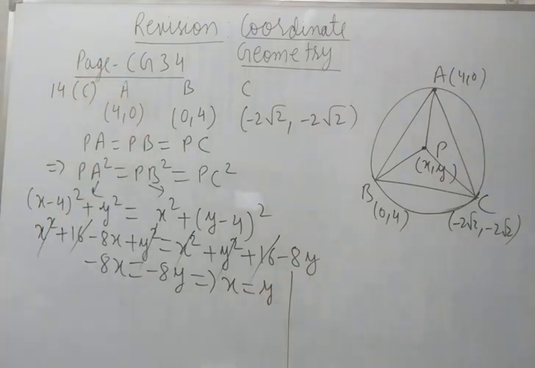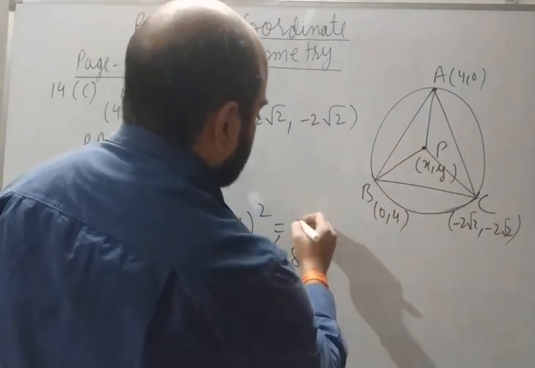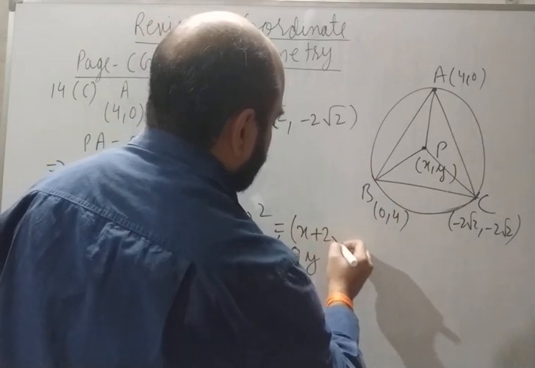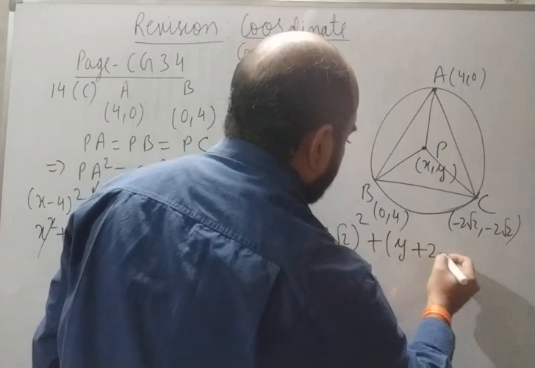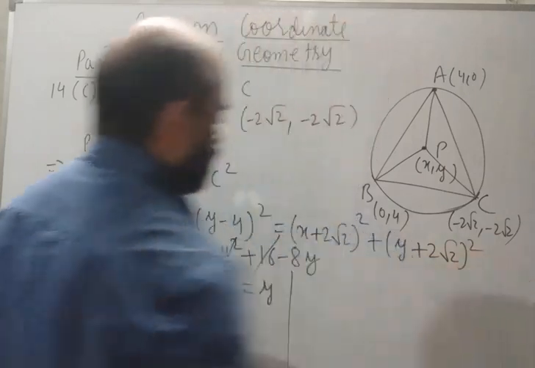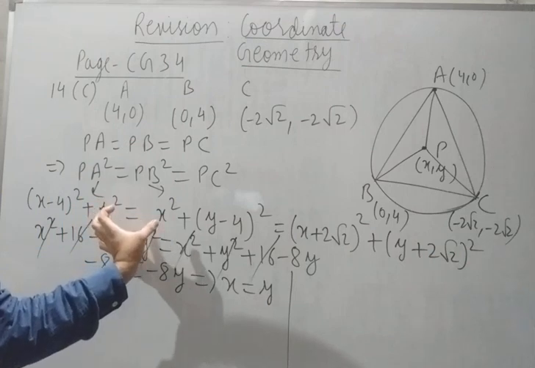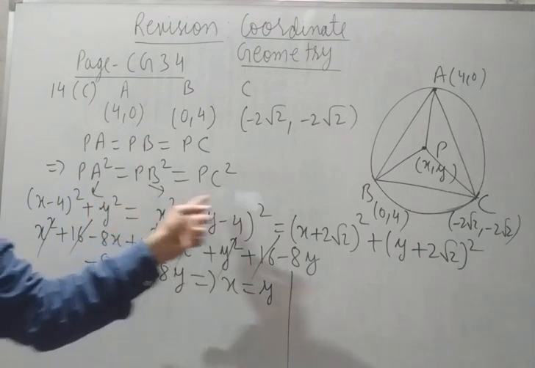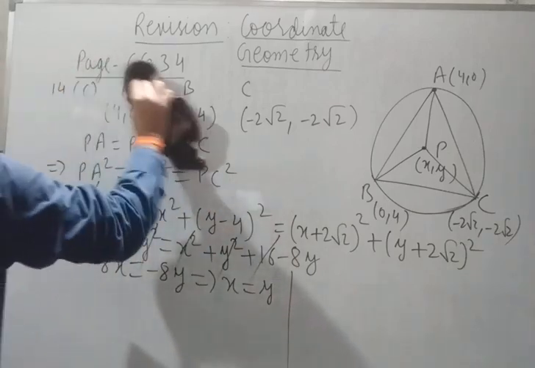Now for the second equation we have to find PC square. What is PC square? PC square means (x plus 2 root 2) whole square plus (y plus 2 root 2) whole square, correct? We have equated PA square equal to PB square. Now equate PB square equal to PC square.